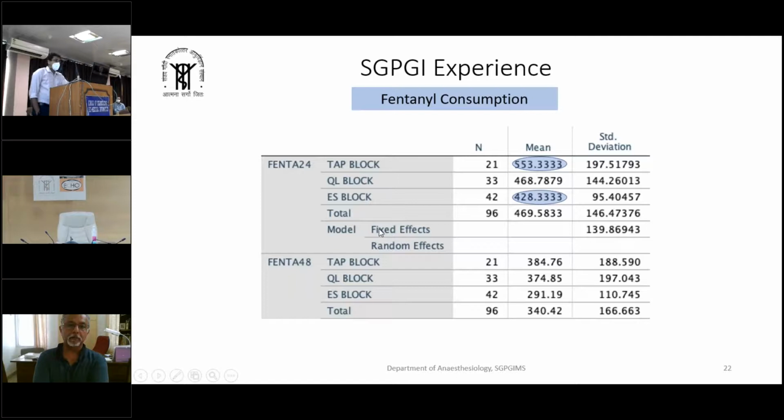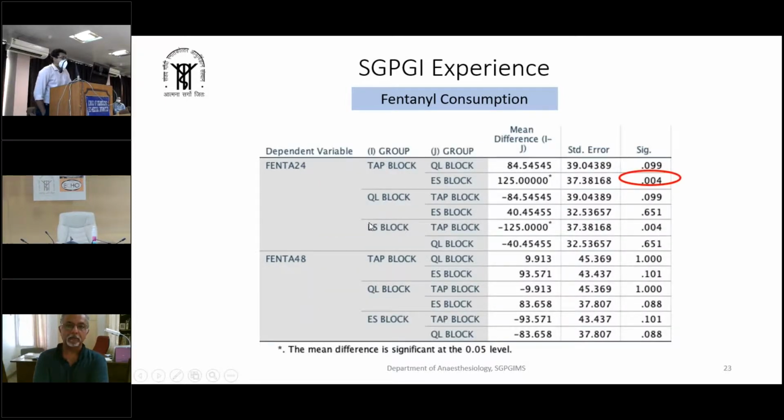This is the table showing the mean fentanyl consumption both at 24 hours and between 24 to 48 hours. We found that fentanyl consumption for the 24-hour period was significantly less for the ES group. However, there was no significant difference in fentanyl consumption at 48 hours.